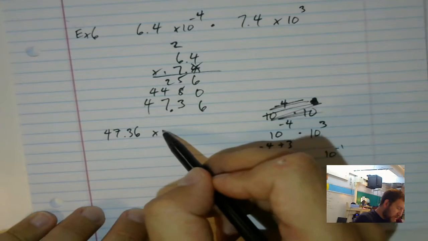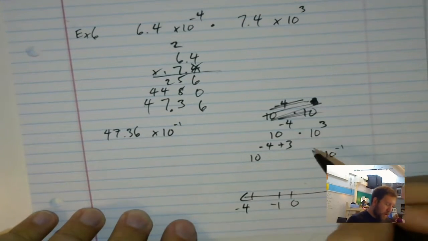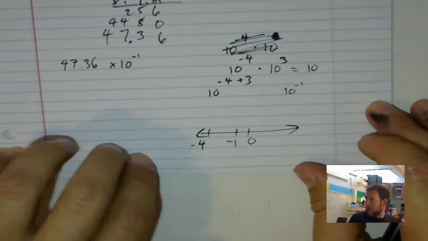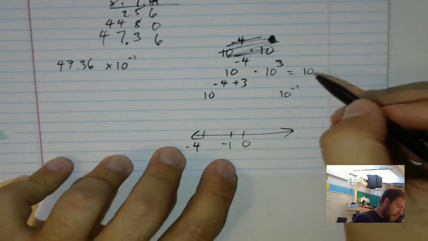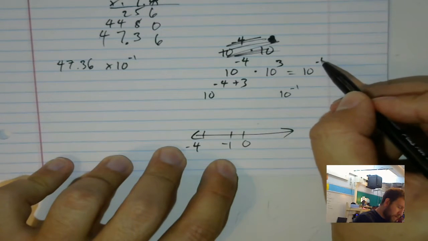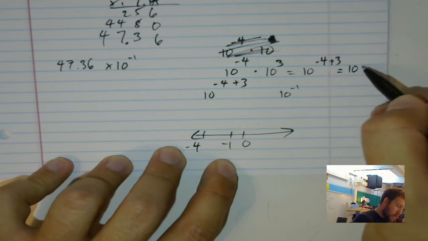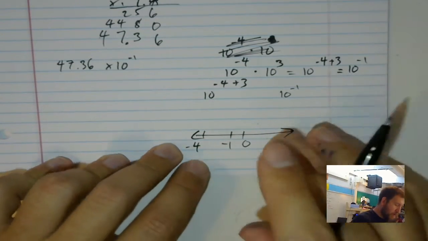So this is times 10 to the negative 1 is how this works, because 10 to the negative 4 plus 3 equals 10 to the negative 1.